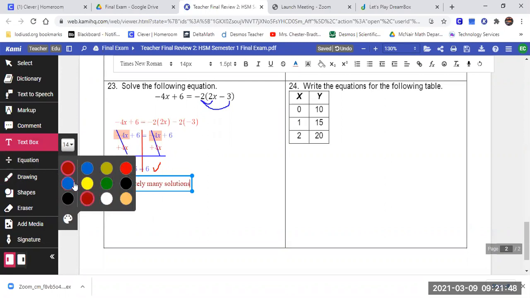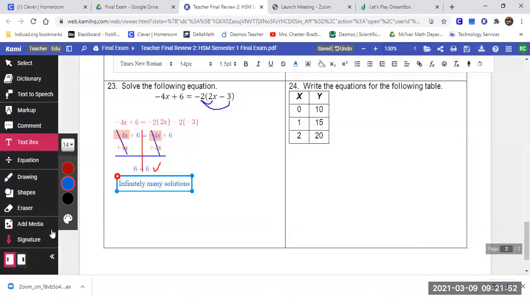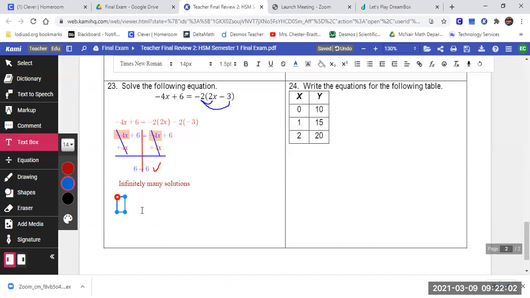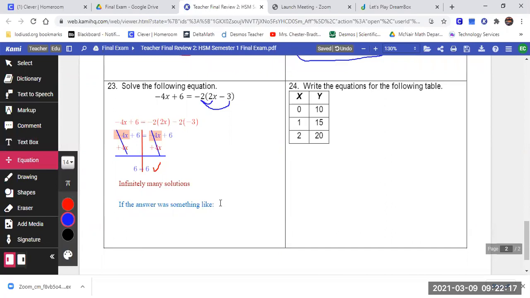But if the answer was something else, we're going to put it in both places, opposites. 4 equals negative 3.